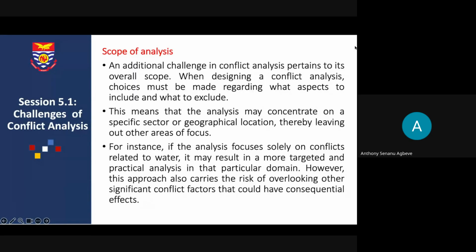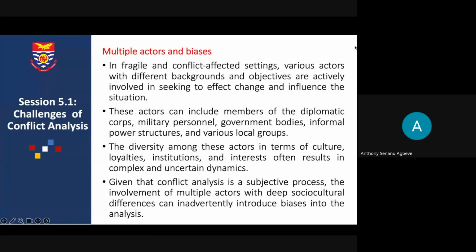So the scope of the analysis can also become a challenge.